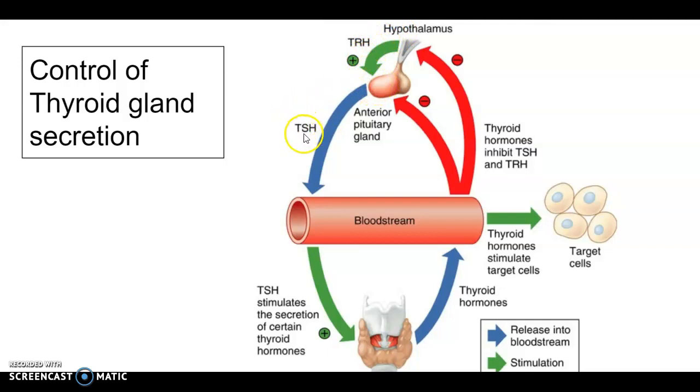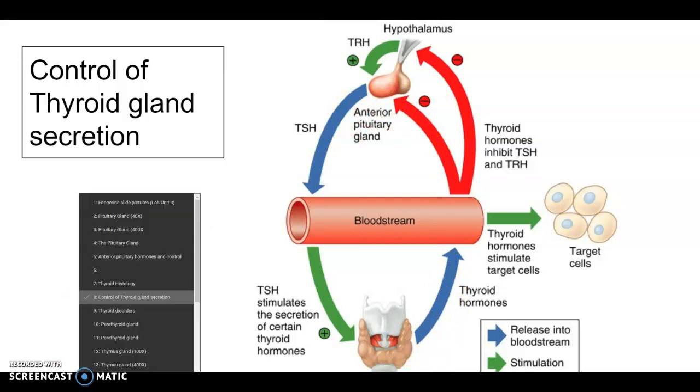TSH. That's the thyroid stimulating hormone that will stimulate the thyroid to produce the T3, T4 and the calcitonin. All right. And how is it inhibited? It is inhibited because of the level of the T3, T4, which will inhibit both TSH and TRH. You have to know this.